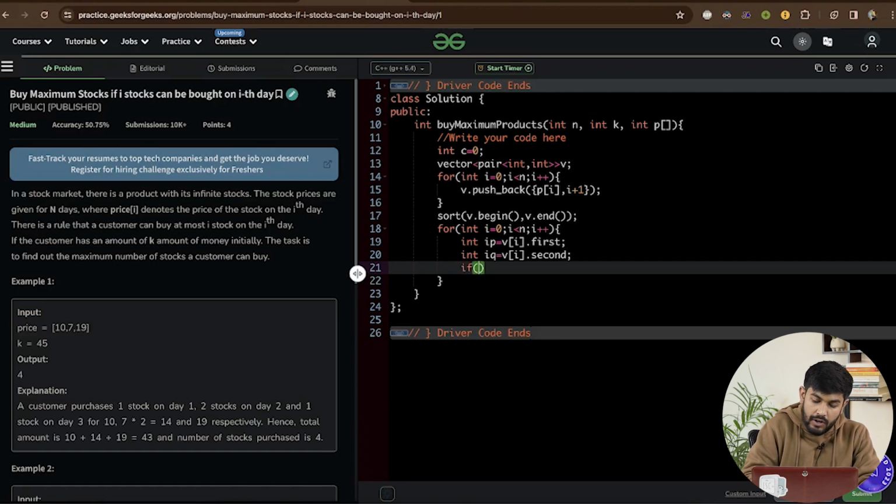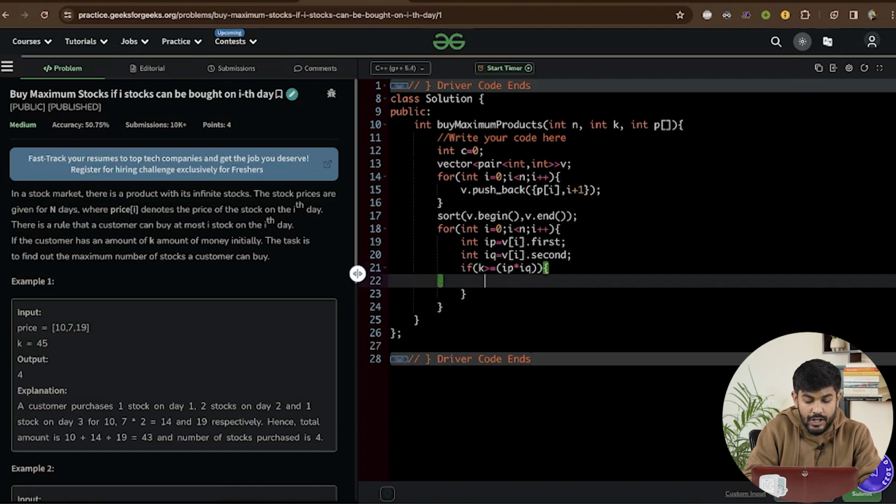Now if I can afford it, if I have more than or equal to the money, like let's say I want to buy 5 rupees thing and I have a budget of 6 rupees or either 5 rupees, this is good enough. So if I have a budget more than or equal, I would be willing to buy it. Individual pricing multiplied by individual quantity.